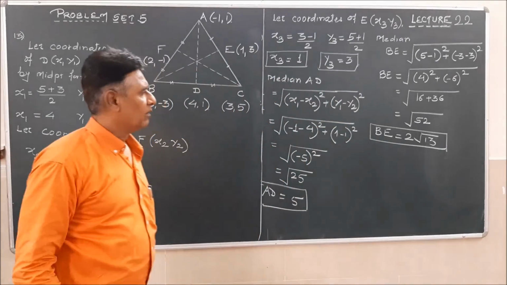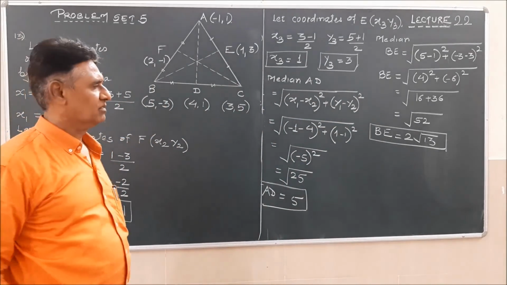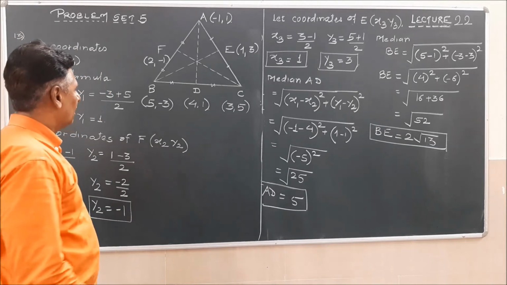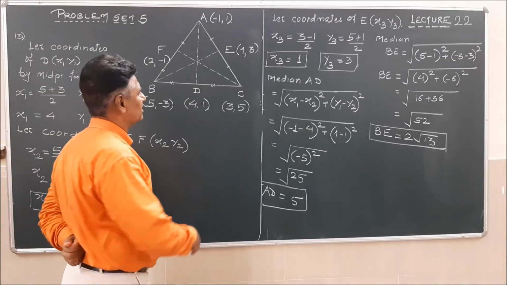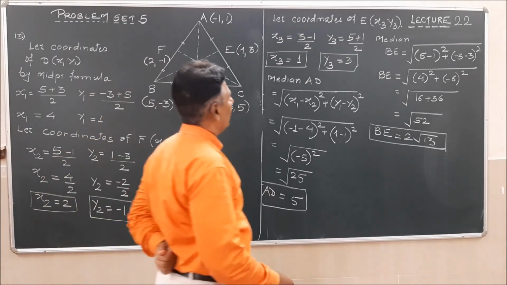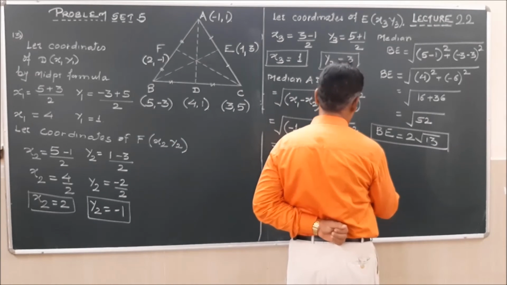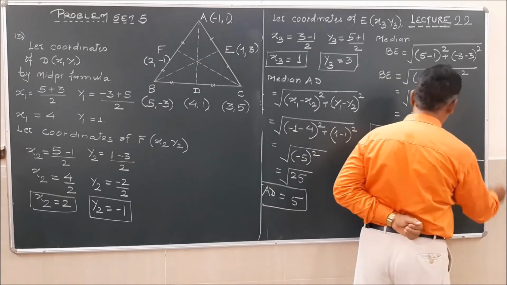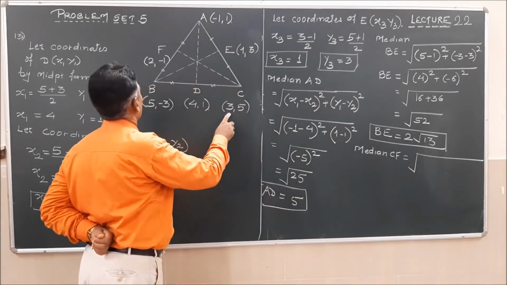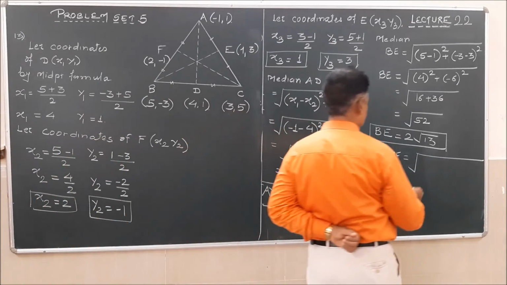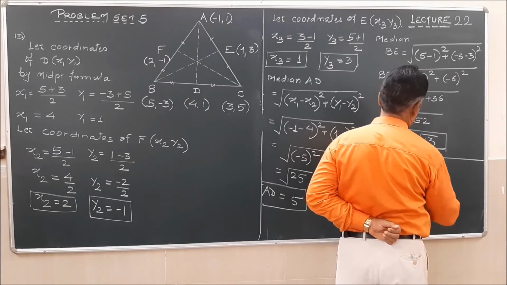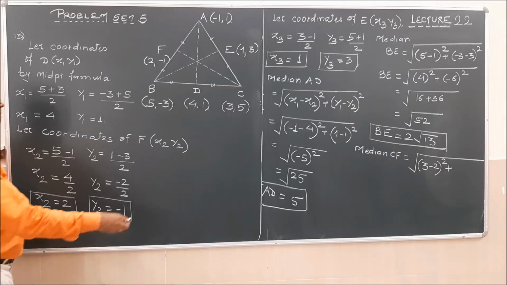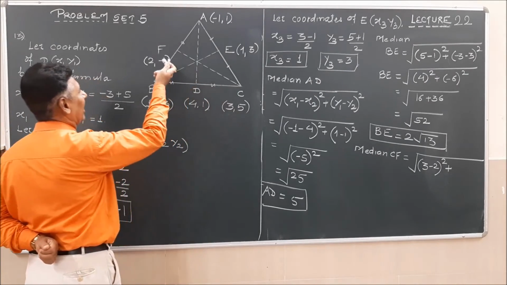Trying to understand, because 52 we can split it as 13 fours are 52, so it is 2 root 13. Only one median is left out and that is nothing but CF. Median CF is equal to, we have already written the formula at the beginning, so simply solve it now. 3 minus 2 the whole square plus 5 minus of minus 1.